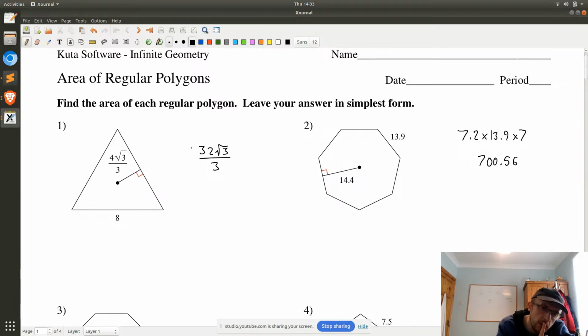Why did I get that wrong? The height would indeed be 8 root 3 over 3, and times that by 8, 64 root 3 over 3. And divide that by 2, 64 root 3 over 6.